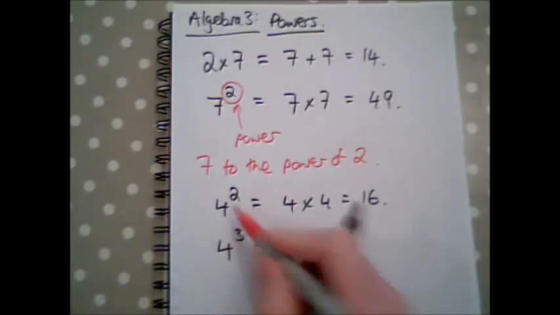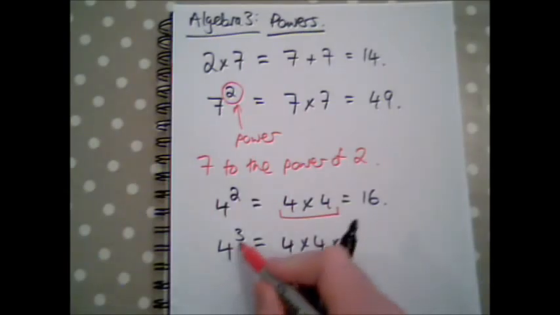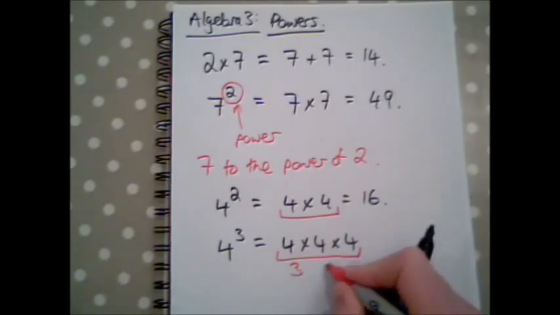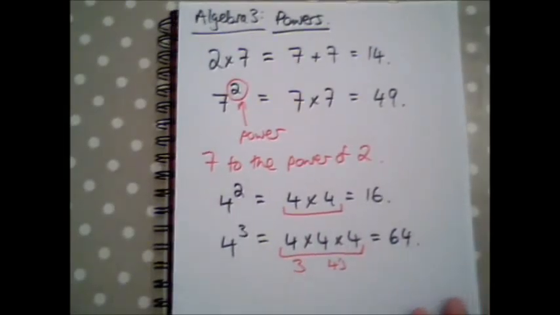So 4 to the power of 2 means you multiply 2 4s together. 4 to the power of 3 means you multiply 3 4s together. So 4 by 4 is 16, by another 4 is 64.